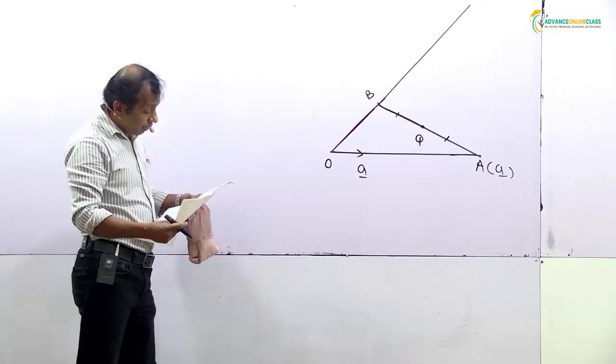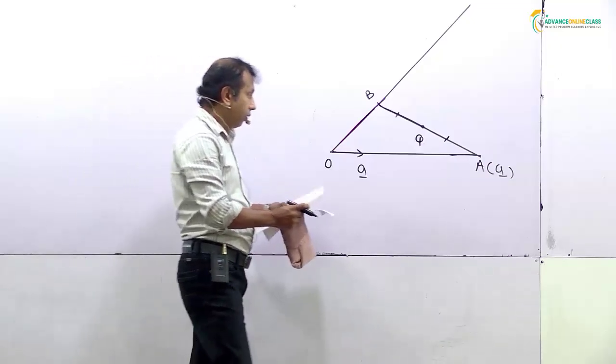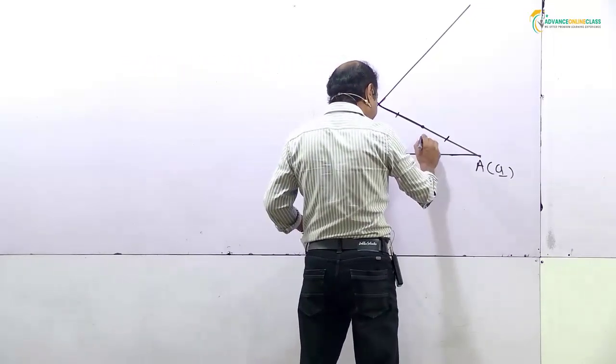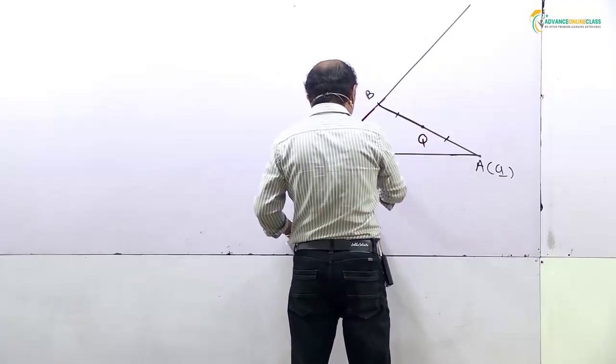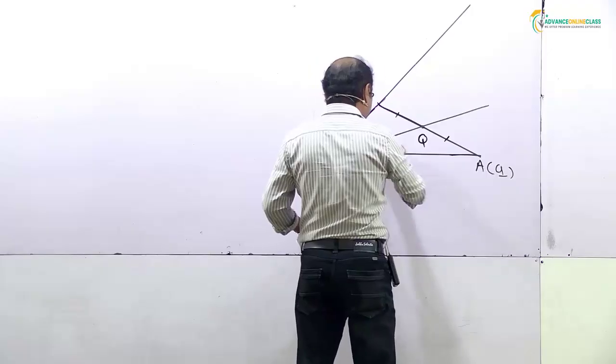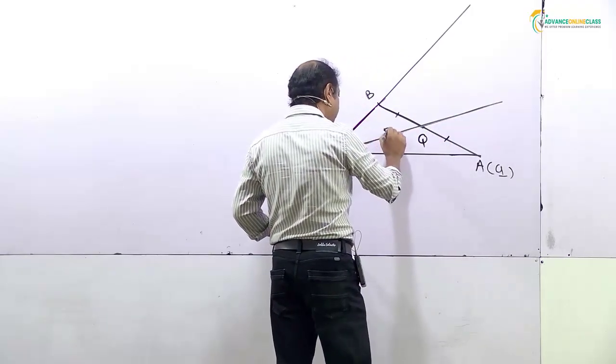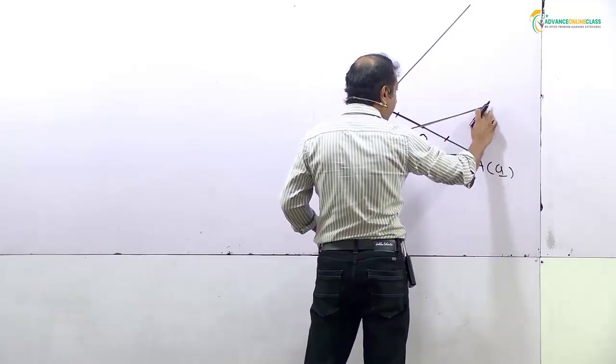And the point R is such that OQ to QR is 5 is to 3. Here Q. OQ is 5 units, QR is 3 units.